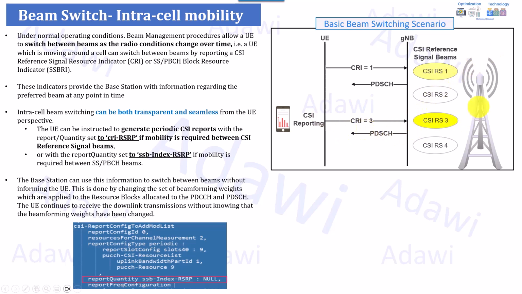Based on this information, the gNB does the beam weight calculation and assigns the new resource blocks and the new PDSCH traffic beam. Again, all of this happens through L1 and L2 procedures, and it doesn't require any involvement of RRC signaling, except at the very beginning, when the gNB delivers the report quantity and the other information to the UE.